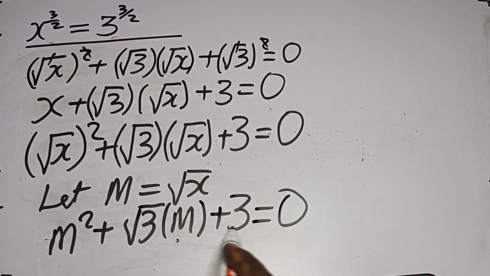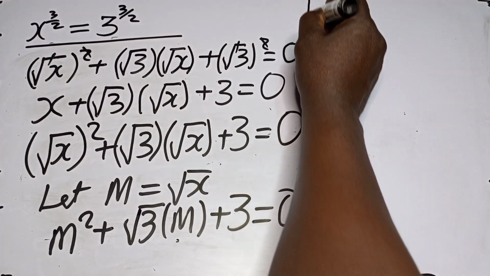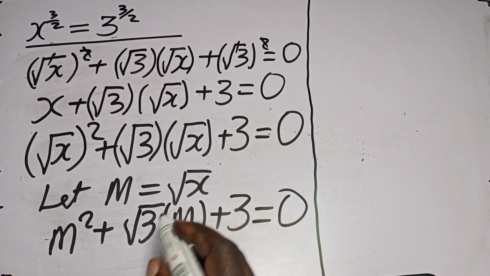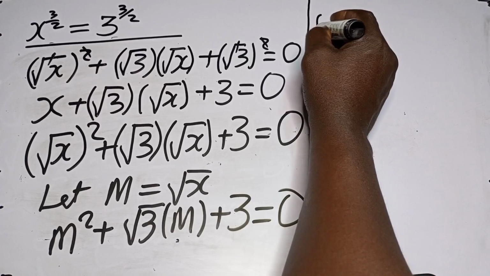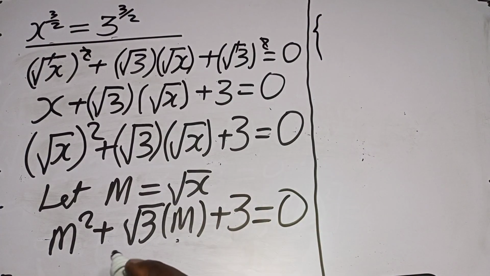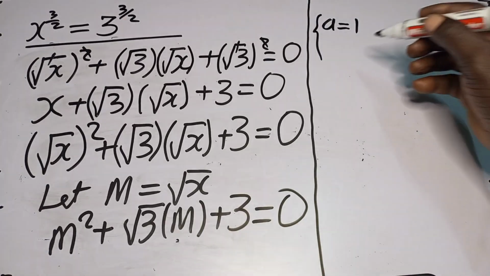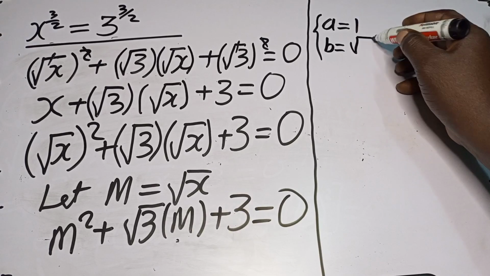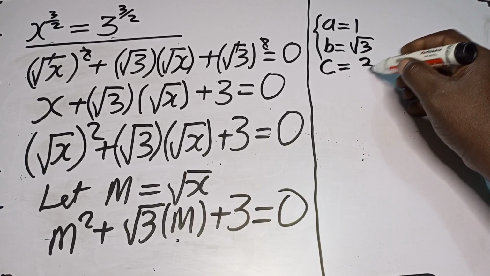The quadratic equation is a lot better now, better presented this way. Now, we can solve this quadratic equation by applying the quadratic formula. First of all, let us collect our coefficients. The coefficient of m squared, a, is 1. The coefficient of m, b, is root 3. And the constant c is 3.